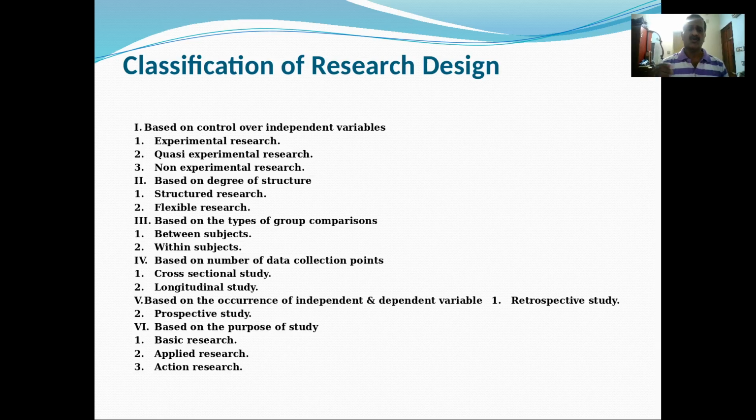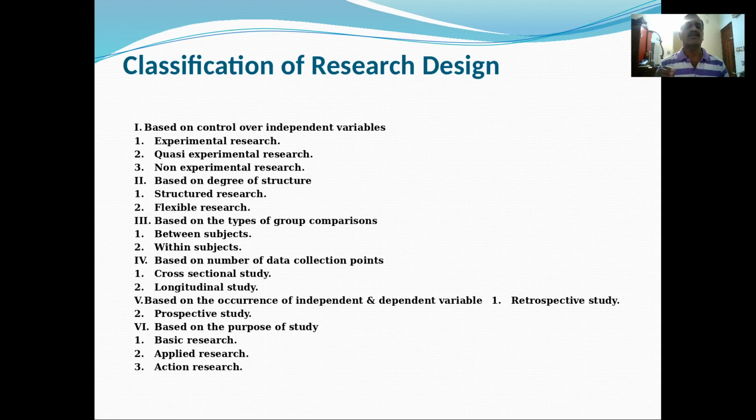Then there is one more addition that is not mentioned in the classification, the pre-experimental design, where two among the three elements of experimental research will be absent. Only one element will be there, that is the intervention. That is the only thing present in pre-experimental research. All three elements will be absent in the non-experimental research.